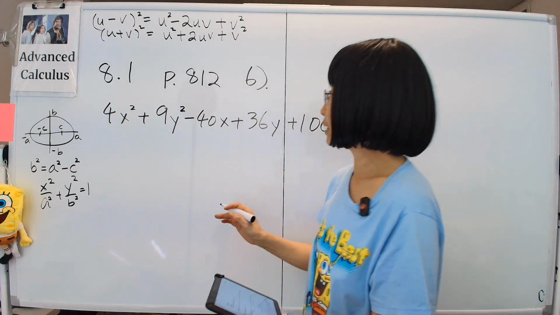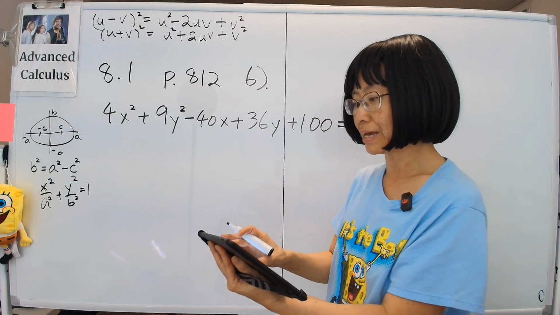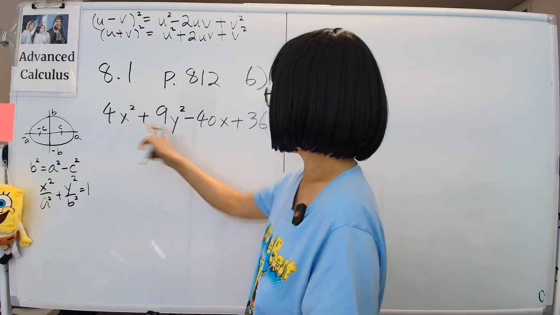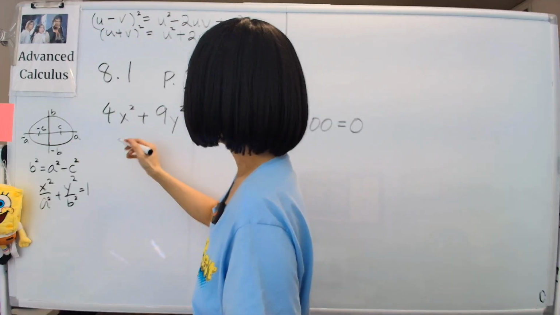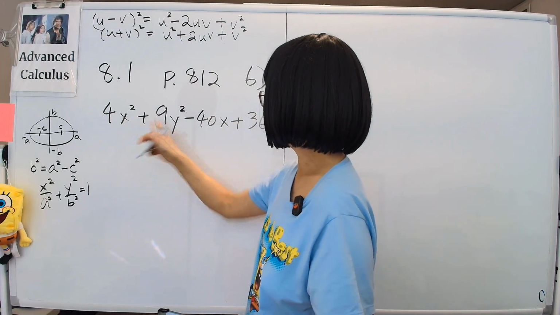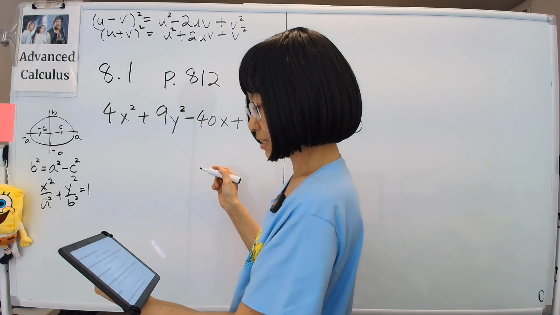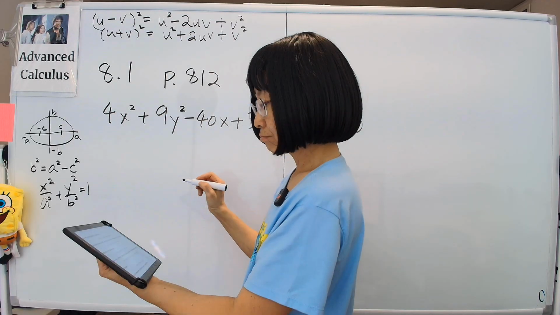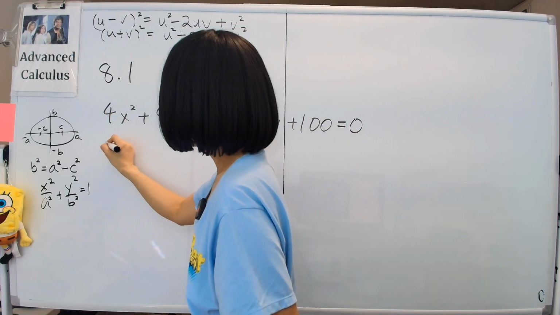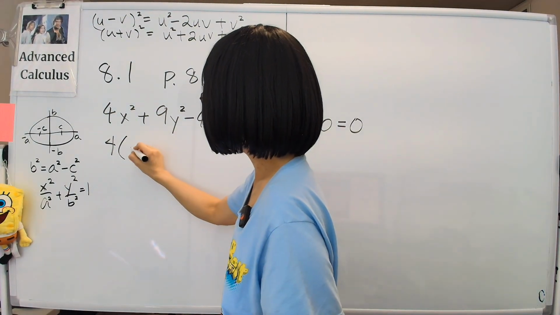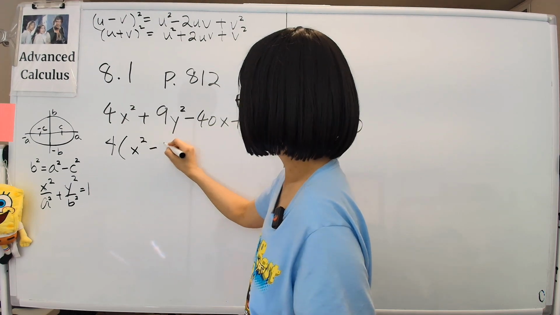I'm now looking at page 813 on the following page. Okay, and we're going to round up the x's. So what x's are there? There is 4x squared, okay, minus 40x, and so we'll round it up. We will take 4 out of the x's, so that would leave us x squared minus 10x.